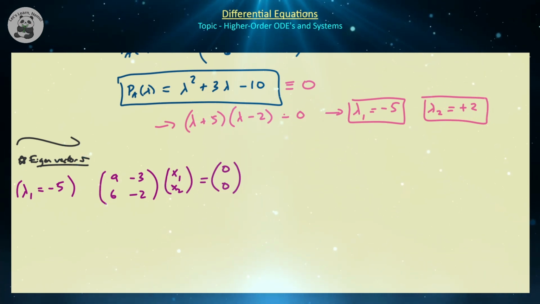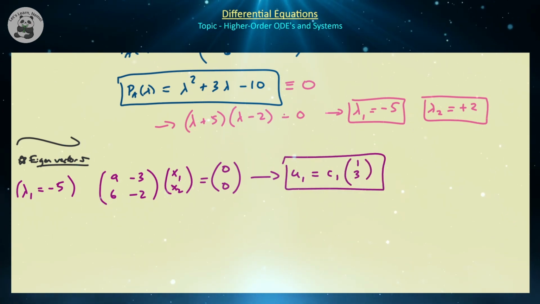When you row reduce, you find that the eigenvector for lambda 1 equals minus 5 can be represented as scalar multiples of the vector (1, 3). You could also write that as (3, 9), (1/3, 1), or any scalar multiple, so that's not a unique representation. I'm just choosing the nicest integers, at least in my opinion.